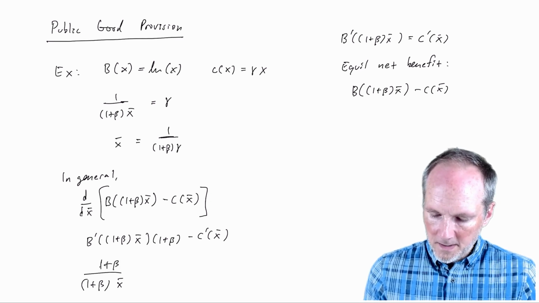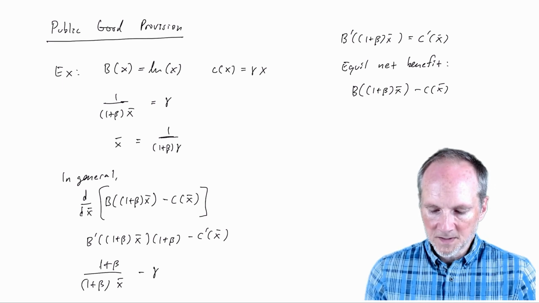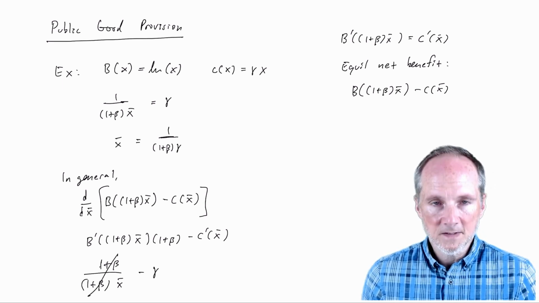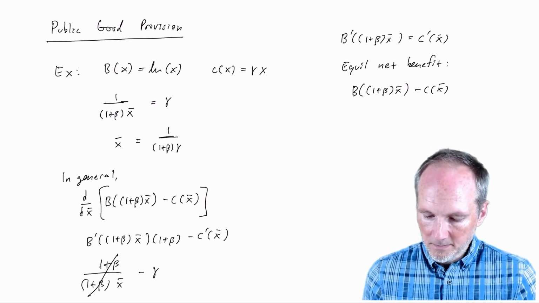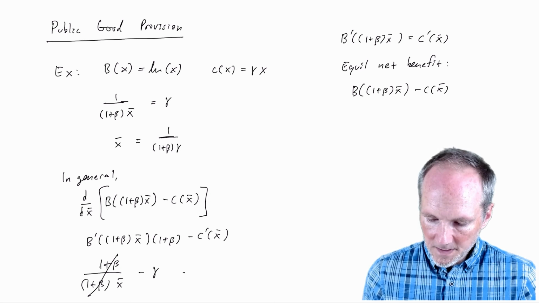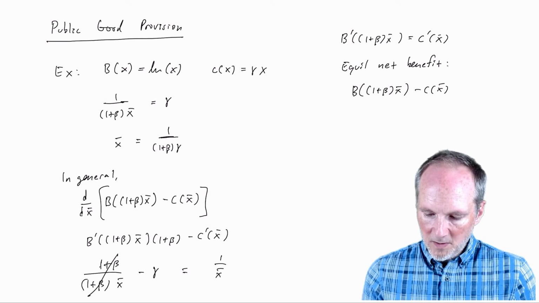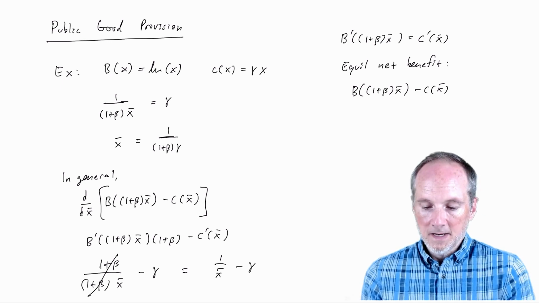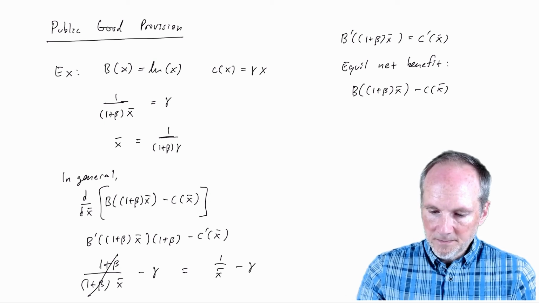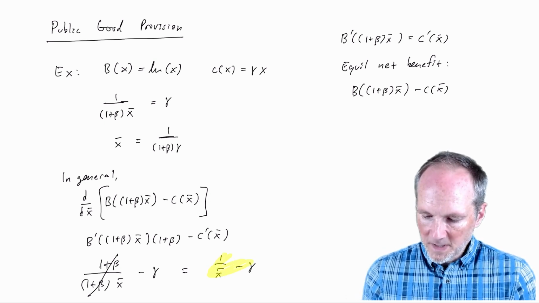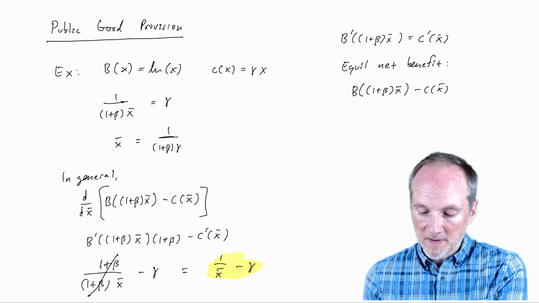The cost is linear, so the marginal cost is just gamma, but of course the 1 plus betas cancel out. So this just reduces to 1 over x bar minus gamma. So in our example, this expression gives us the rate of change of net benefit for both these guys if we were to increase x bar for both of them.